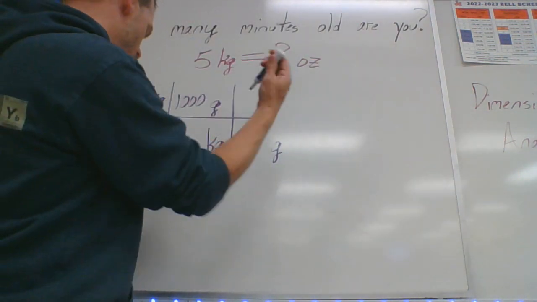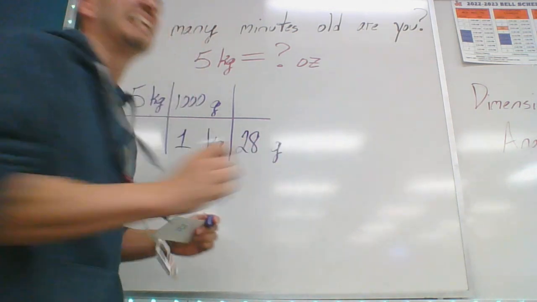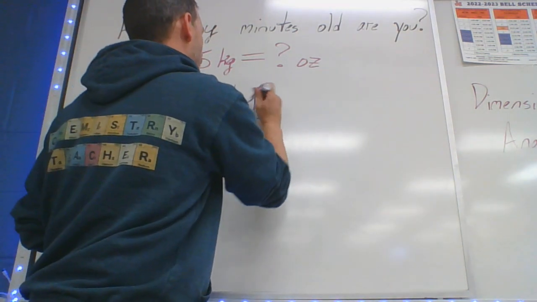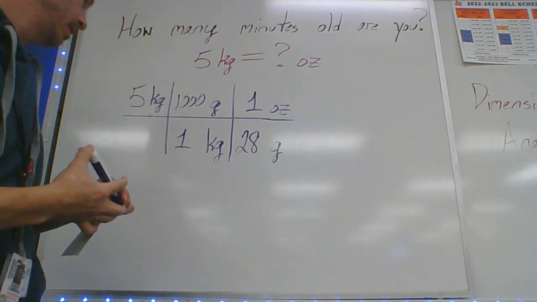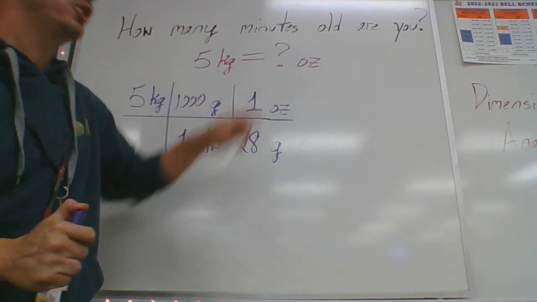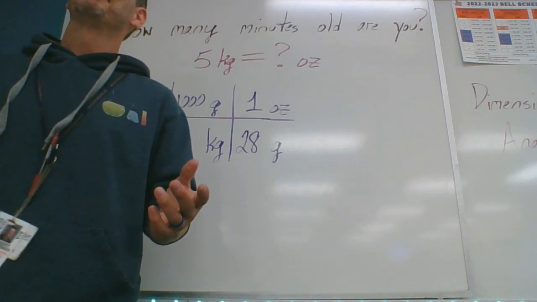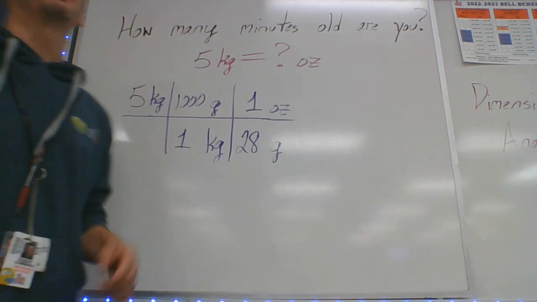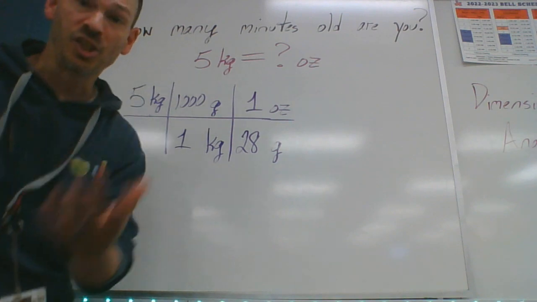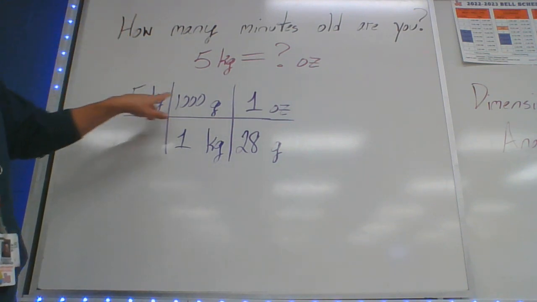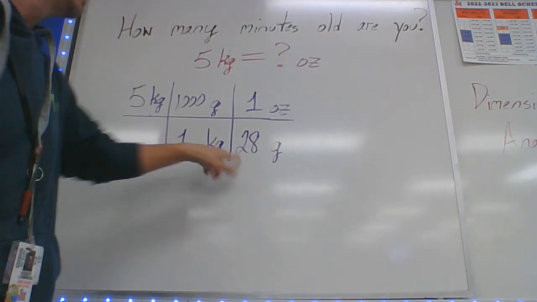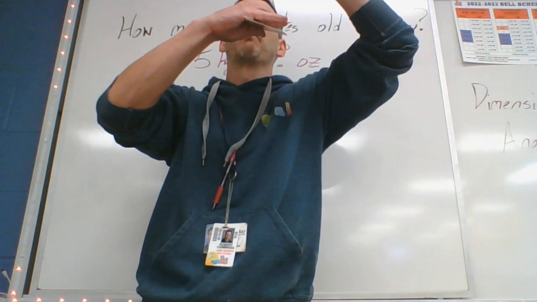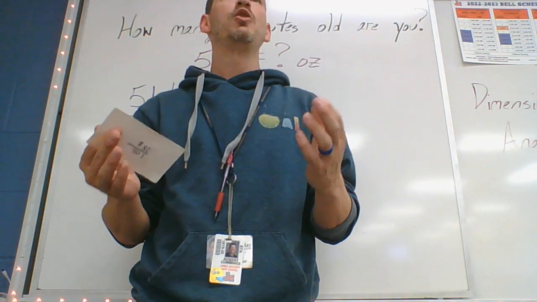It says that 28 grams is the same as 1 ounce. Is ounces what I'm trying to go to? We're done. Hey, this one's more fun because there's not just ones on the bottom. To solve it, I would go 5 times 1,000 times 1 is 5,000 up top. I would go 1 times 28 is 28 on the bottom. 5,000 divided by 28, and you've converted it.